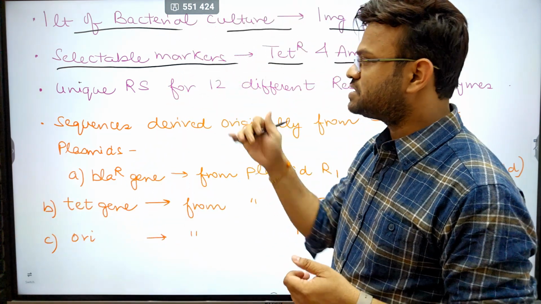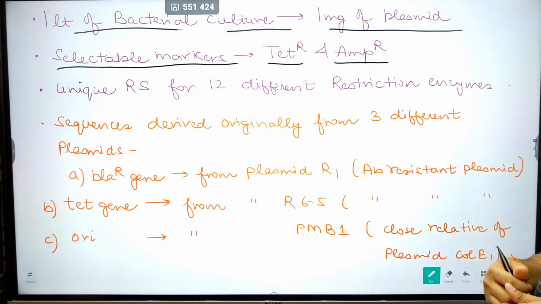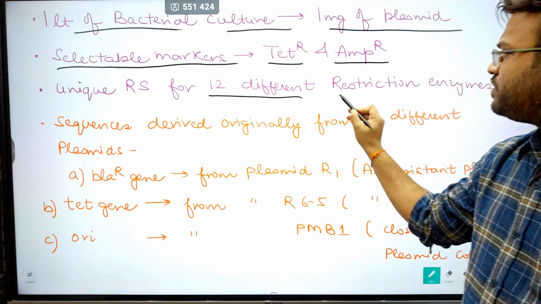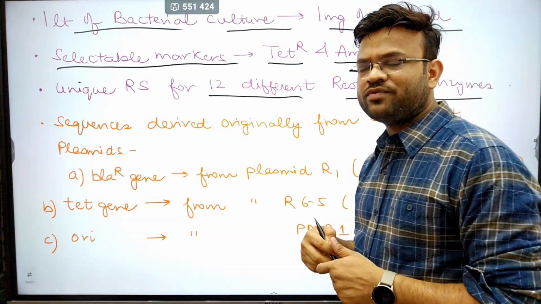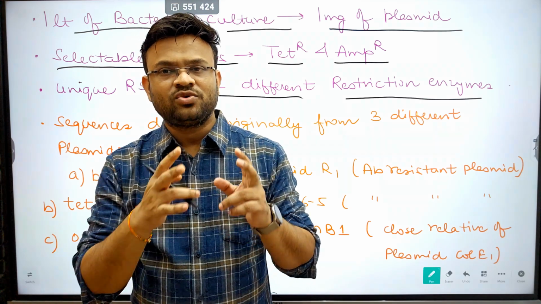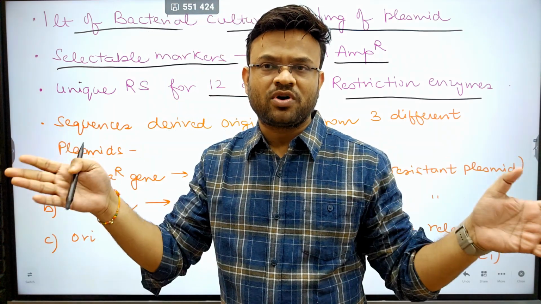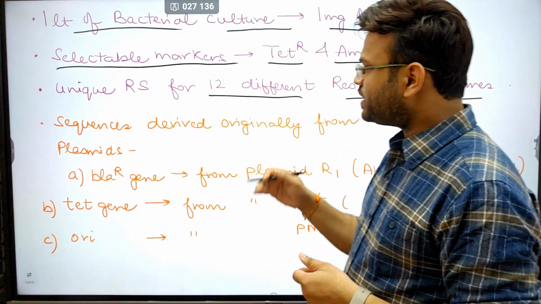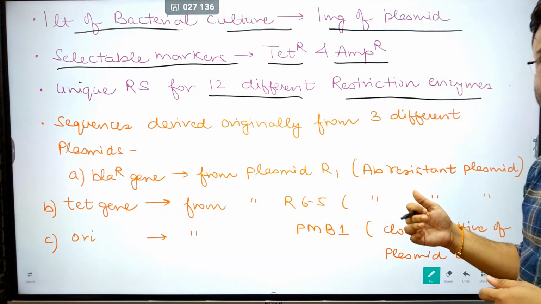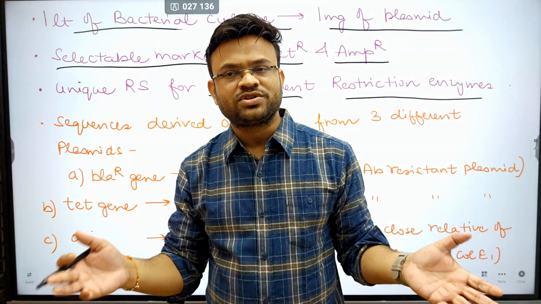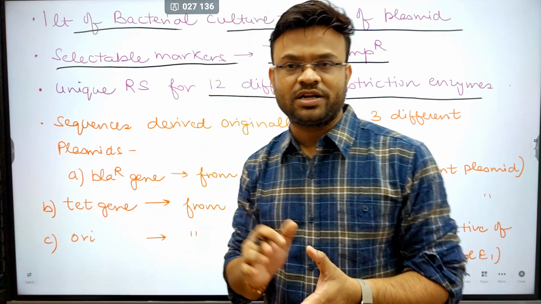Next is unique restriction sites for 12 different restriction enzymes. As I have already said, different types of restriction enzymes would be cleaving at different spots on the vector, right? There are 12 different restriction enzymes. I will be showing you the diagrammatic representation in just a bit, so as to make you understand which restriction enzymes are cleaving at which particular place.